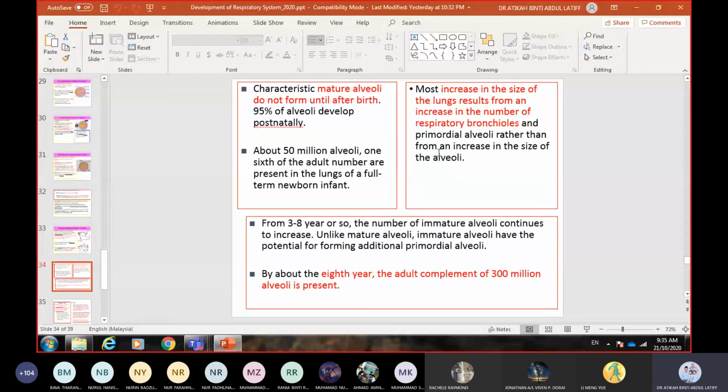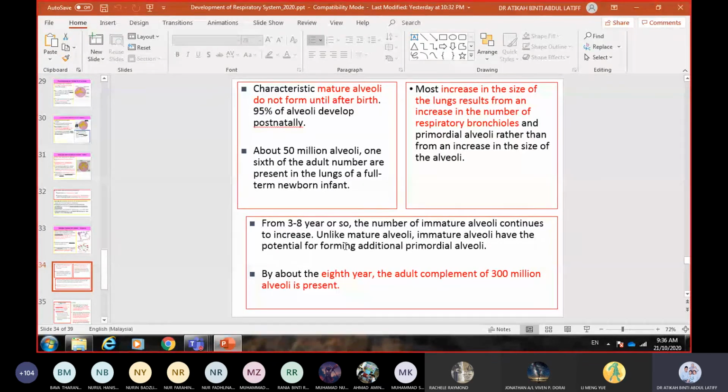Meaning from birth until now, the size of the alveoli increased very little, but the increase in size of the lung is due to the increase in the number of bronchioles. From birth until the age of 8 years old, a lot of respiratory bronchioles will be formed. More bronchioles will develop.